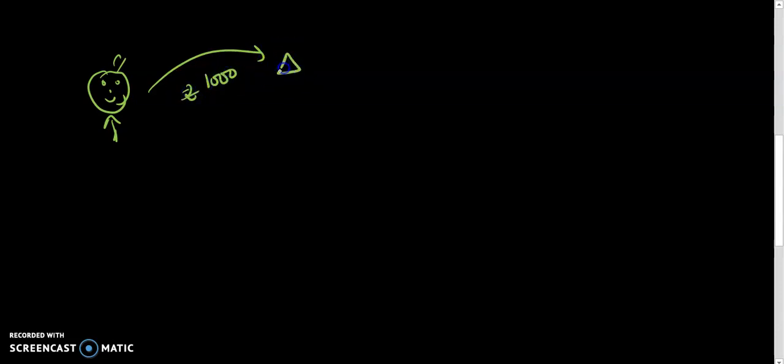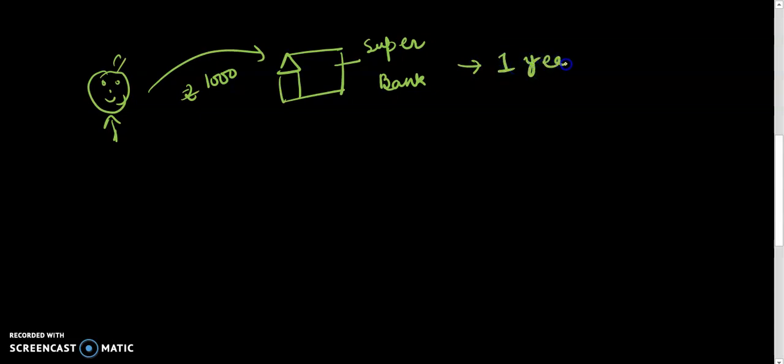Now consider Mr. John. Mr. John places 1000 deposit in a bank. We'll call it Super Bank for 1 year, and bank pays 10% rate of interest per annum compounded quarterly.